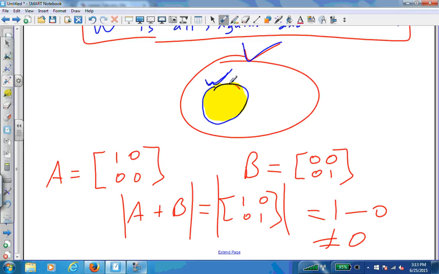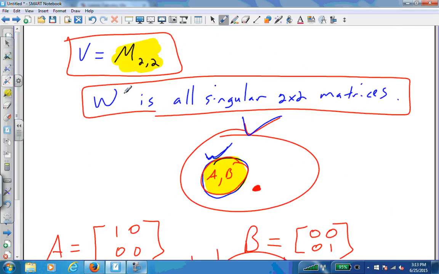So if W is the singular matrices, A is something in W, B is something else in W, you add those together and you get something that's still a 2 by 2 matrix, but it's not in W. So W is not a subspace of V. It's a subset, but it's not a subspace. And that's what we're looking for. We're looking to determine if something is a subspace.